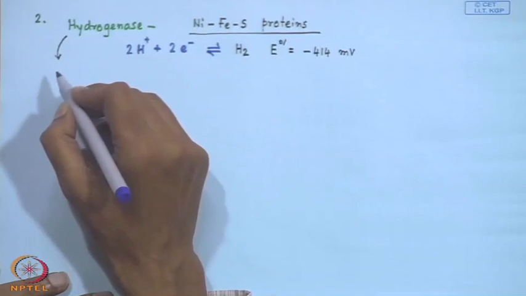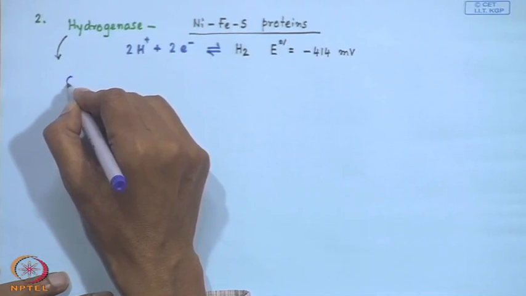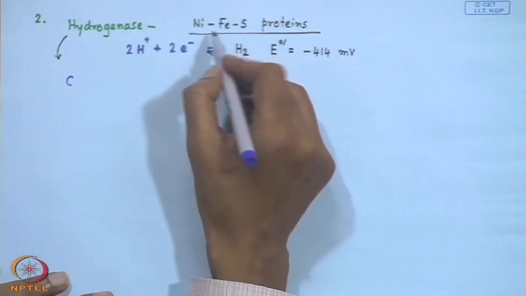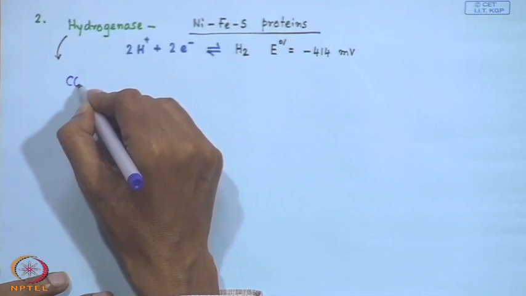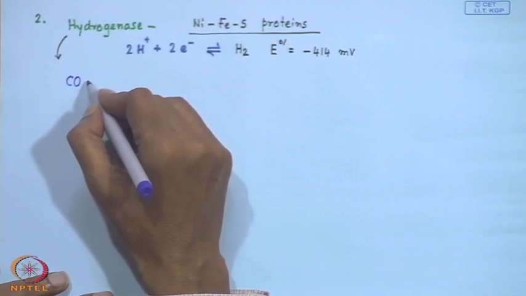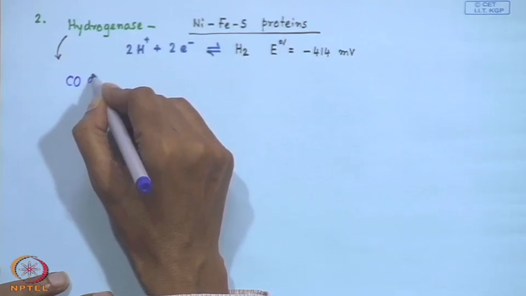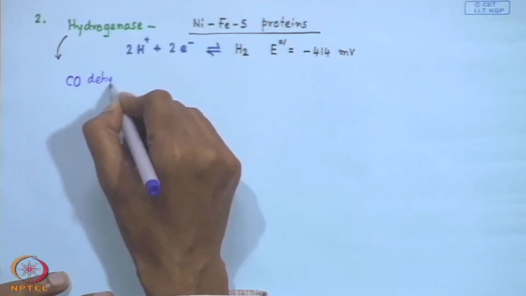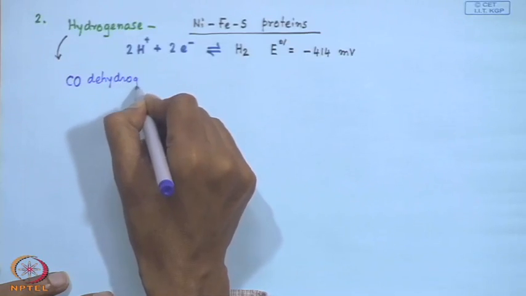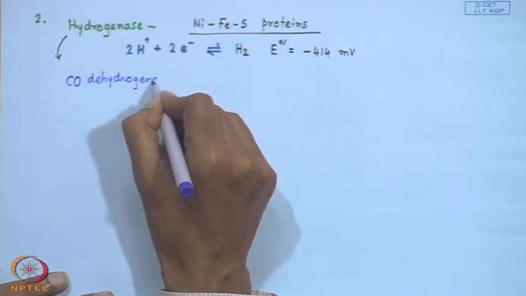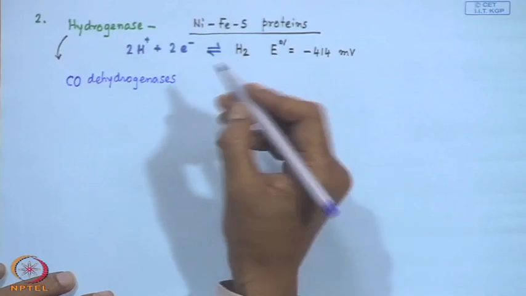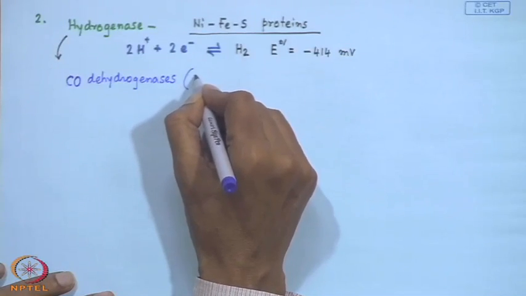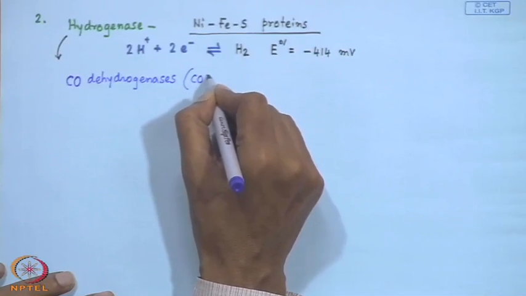So, not only hydrogenases, but also this sort of molecules, that means the nickel iron sulfur proteins, are also useful for carbon monoxide dehydrogenases. So, we will see one after another slowly, and they are abbreviated as CODH.